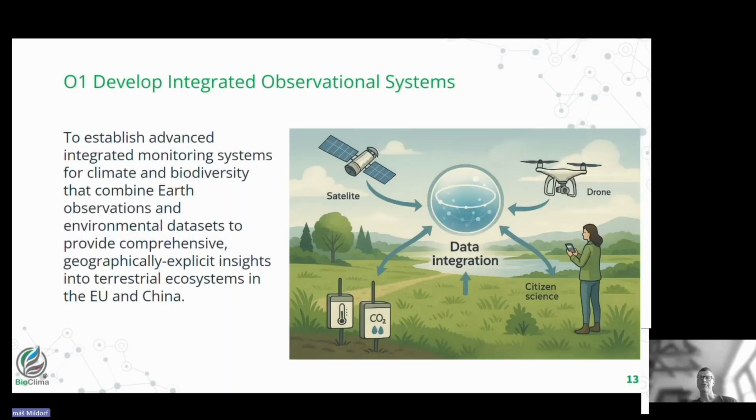Here is the first objective. And deals with work package 1, which I will talk about later in the implementation side. So we try to do the standardization of all the data coming into the system, including Earth observation data, in situ data, citizen science data, and so on.